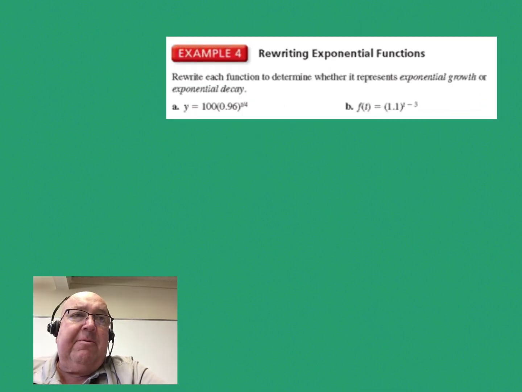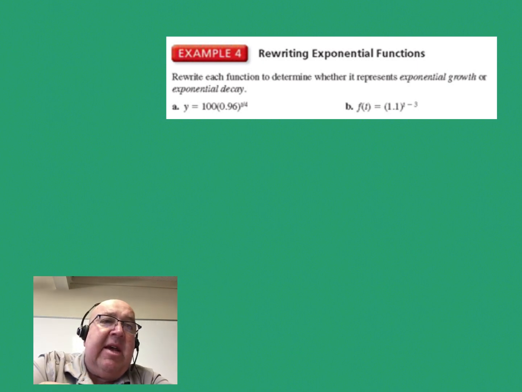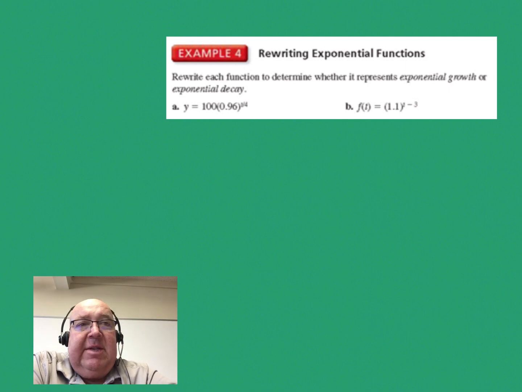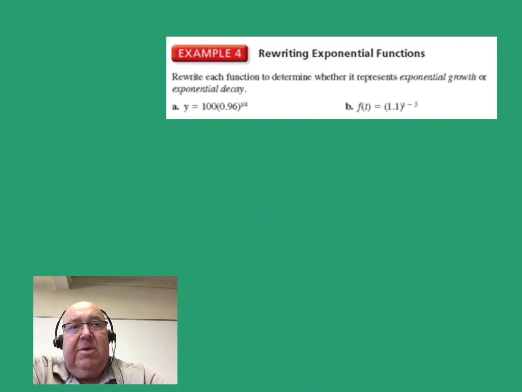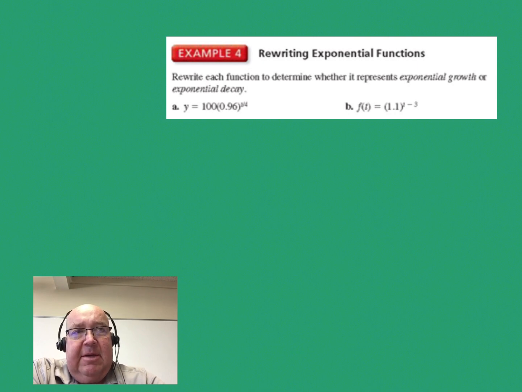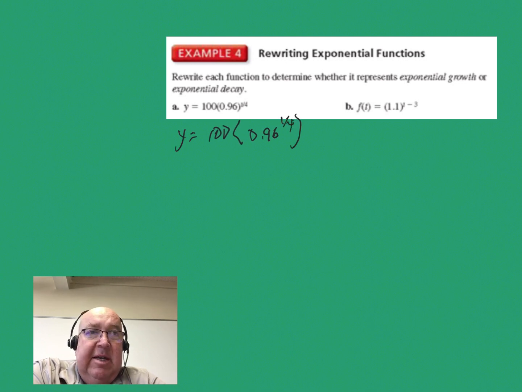Finally, we want to rewrite a function and determine whether it represents exponential growth or decay. We see that our first one has 100 times 0.96 to the t over 4. So we're going to use the power of a product rule, and we have 100 and 0.96, and we're going to go to the 1/4 power here, and then t out here.